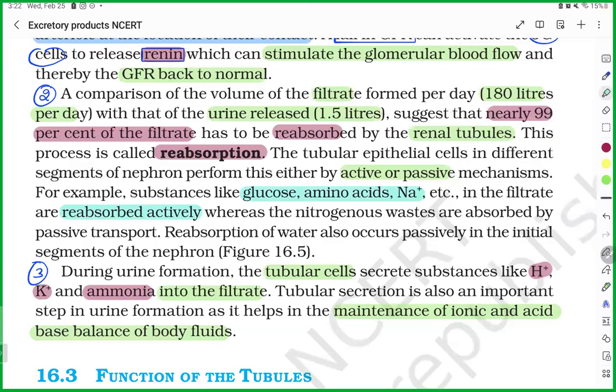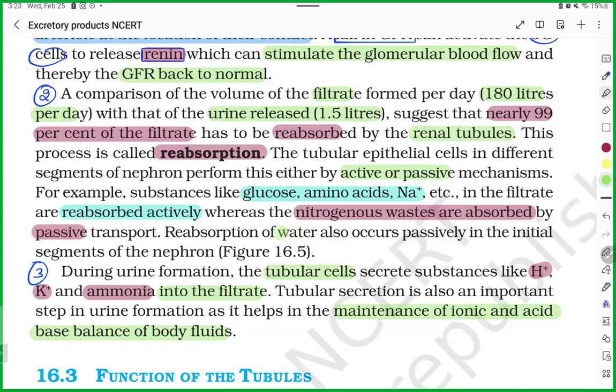We have to invest energy to correct this. It's like we are producing waste, but if the waste has a lot of beneficial role and we have to sort it out of the garbage, we have to invest energy. But nitrogenous waste is absorbed, not reabsorbed, the first time by passive transport. For example, urea, if we want to take it, it will come freely without any energy.